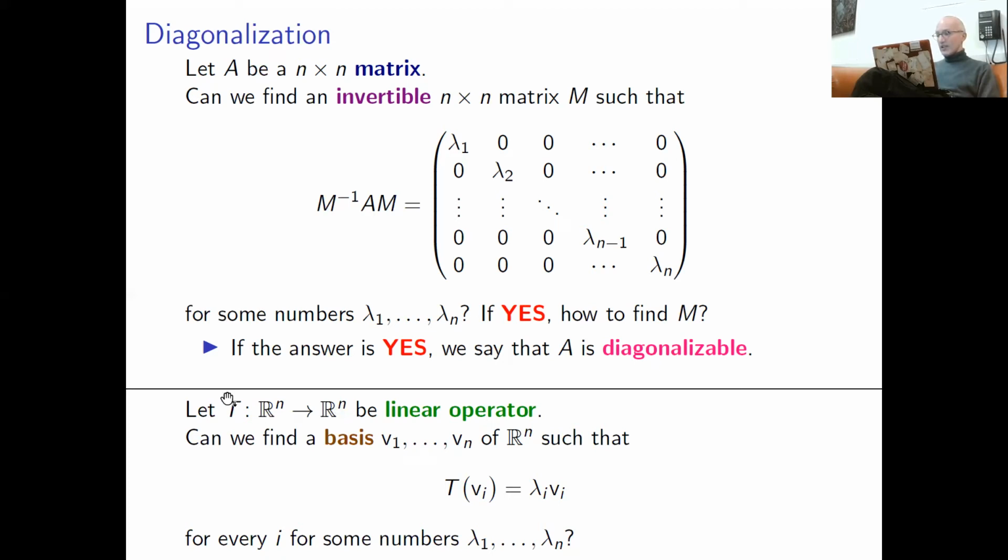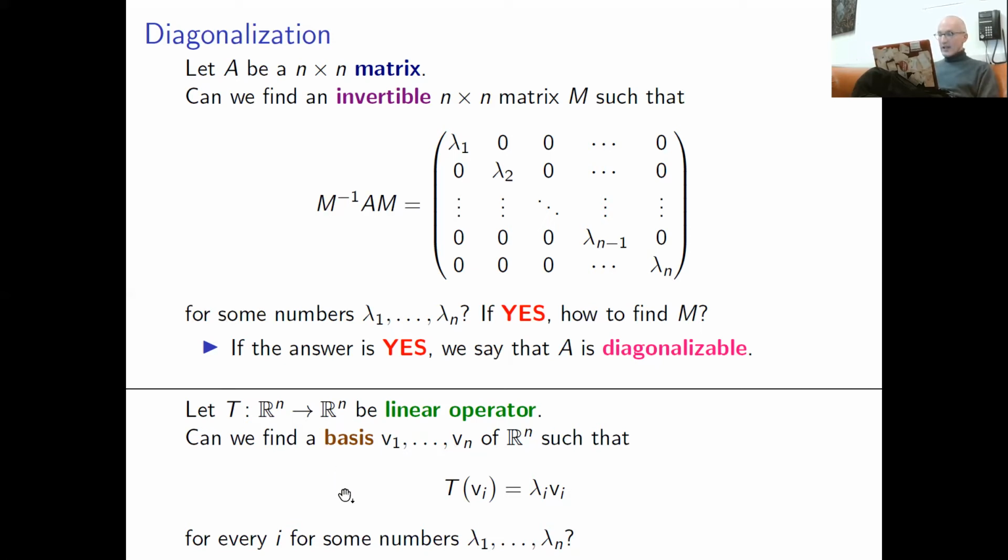If I take the standard matrix of T, I get the matrix question, where my matrix M is basically the matrix composed of vectors v1, ..., vn, and lambda 1, ..., lambda n are just the entries of this diagonal matrix. Again, these are two mirror questions. They're like twins. It's roughly the same question stated in different languages.